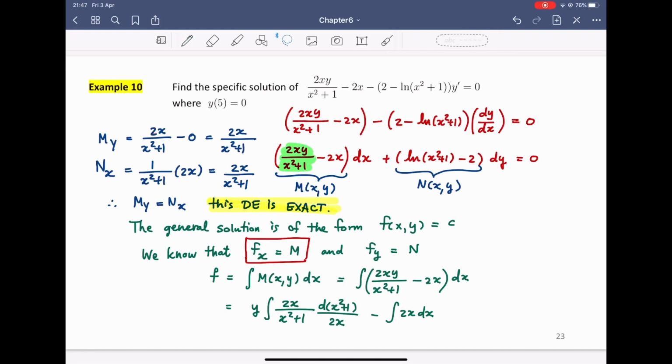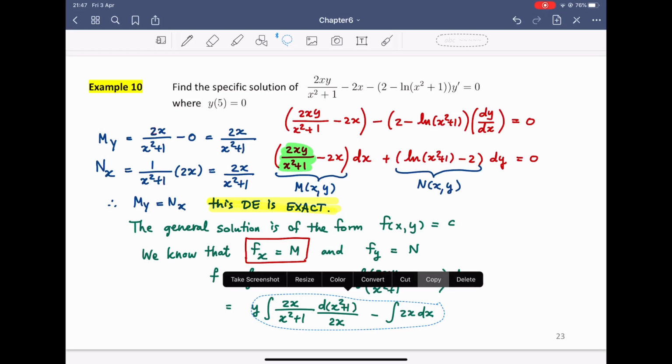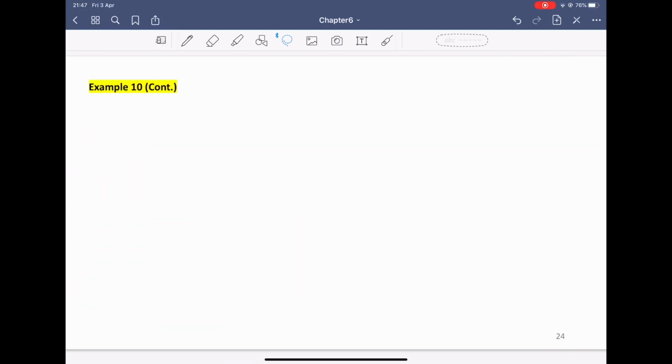Next, let me copy this thing to the next page. So copy and then paste. Alright, so this is my function f. We will integrate this thing, so the 2x cancel. So I have y times the integral of 1 over x squared plus 1 d(x squared plus 1).